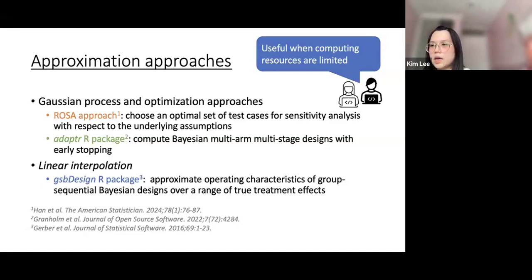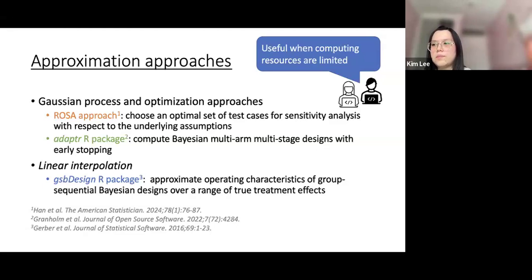Another R package, GSB design, uses linear interpolation to approximate the operating characteristic of group sequential Bayesian designs over a range of true treatment effects. These are just some of the proposals that we have mentioned in our publication. I'm sure there are more proposals coming out in the literature.